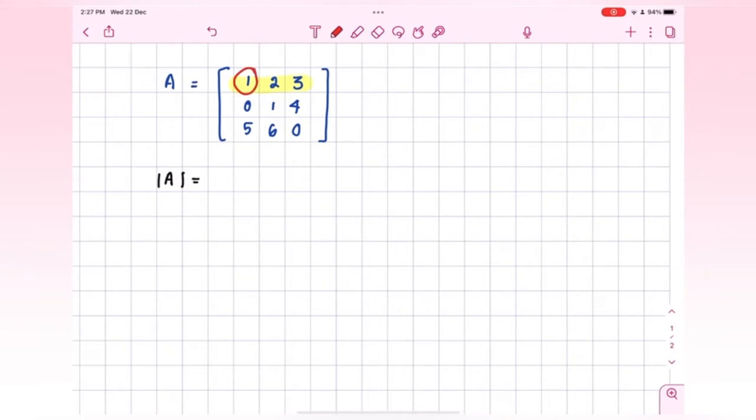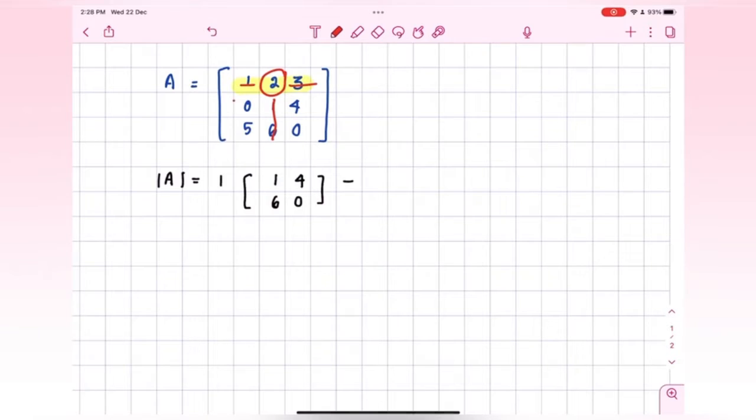I will take this number 1, then I remove its row and also its column. Then I will end up with this 2 by 2 matrix, which is 1, 4 and 6, 0. The next element will be minus. Next element is 2, remove the row and also the column.